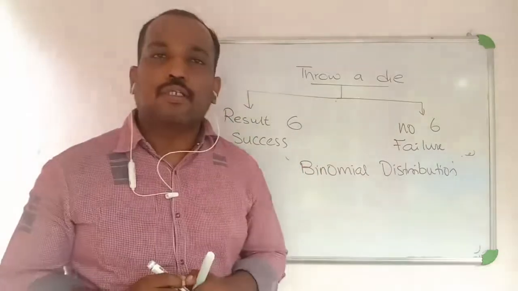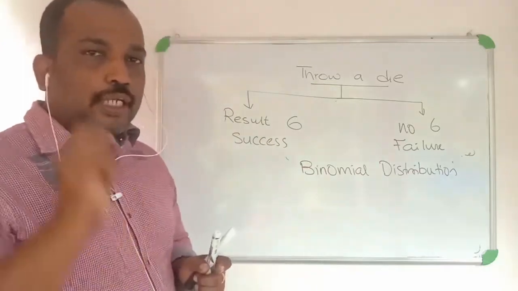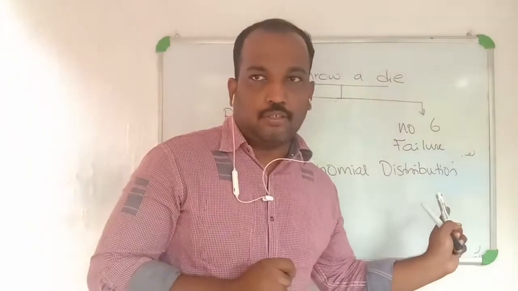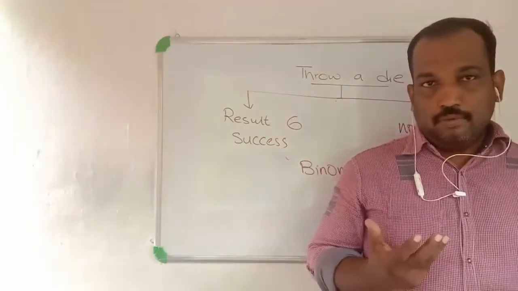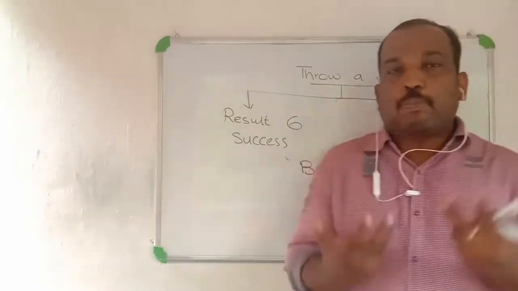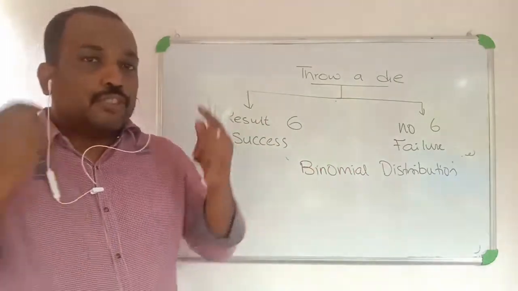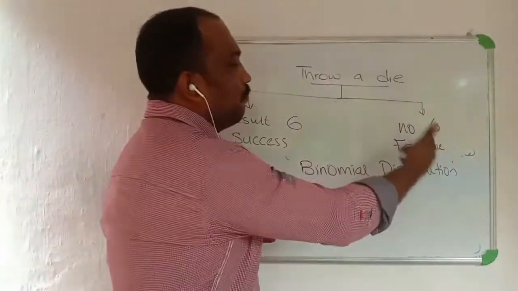So remember, in hypothesis testing, we use a distribution named the binomial distribution. So what is the binomial distribution? It's a probability display which gives us only two results, either success or failure.